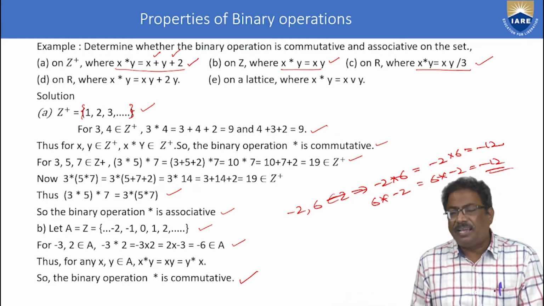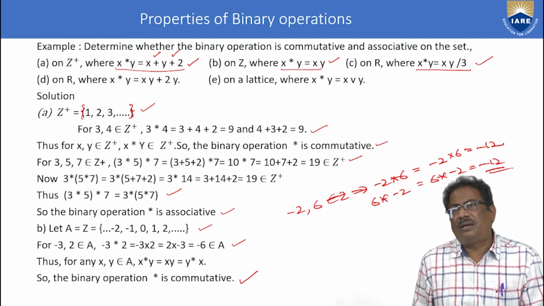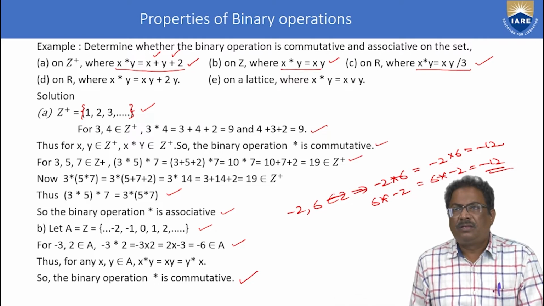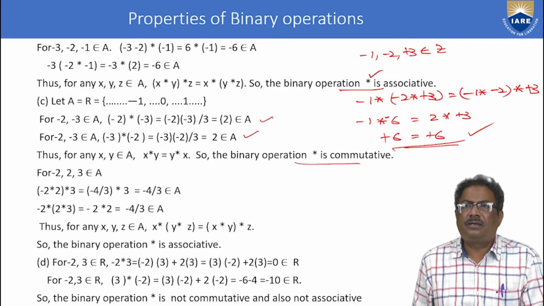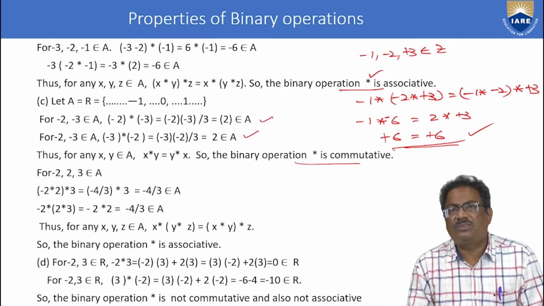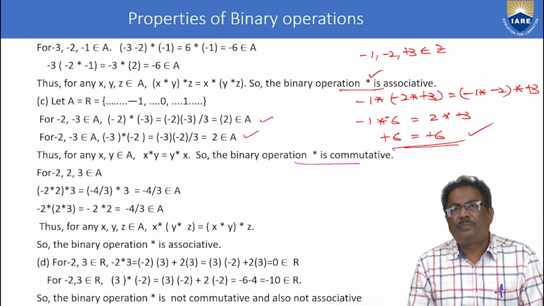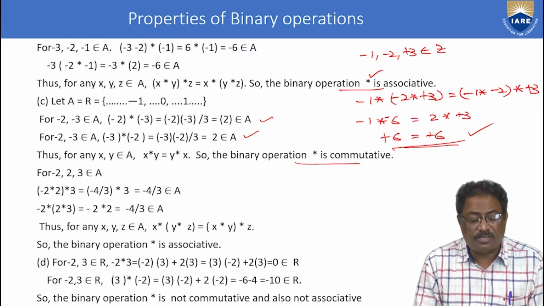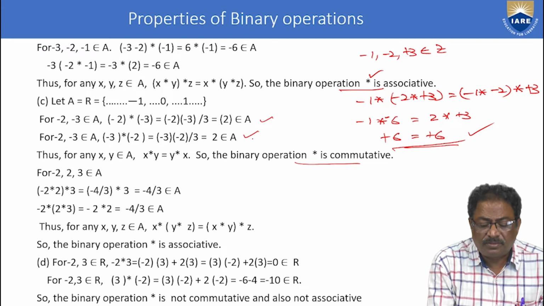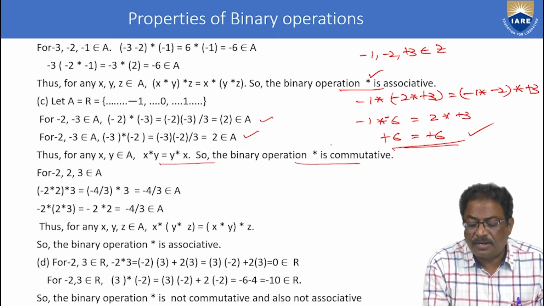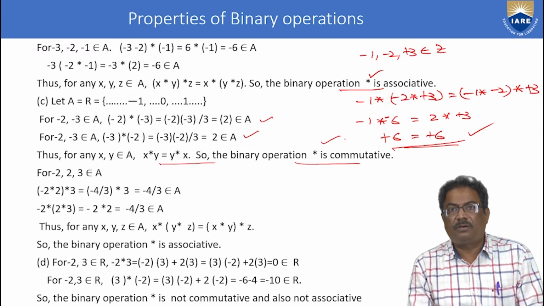Whether it is x into y or y into x, it is going to satisfy the commutative law. So the binary operation is satisfying the commutative law.